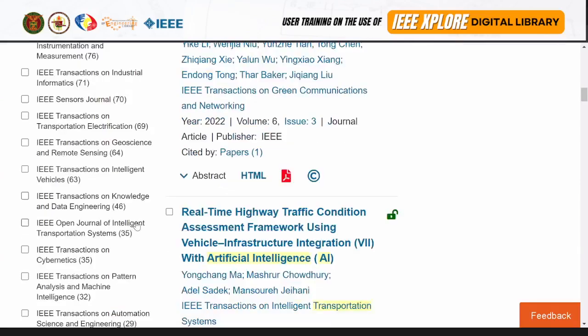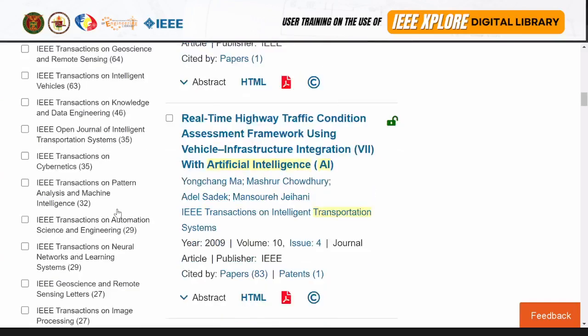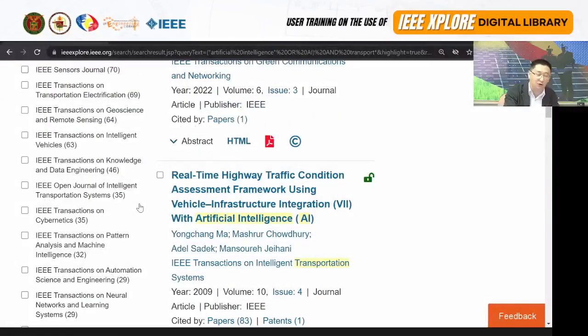Right. And Open Journal on Intelligent Transportation Systems, Transactions on Cybernetics. So all these journals actually publish articles that are related to AI and transportation. So all these journals are your potential candidates for submission.